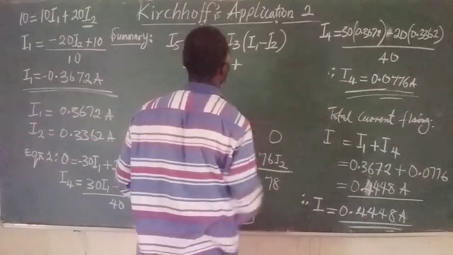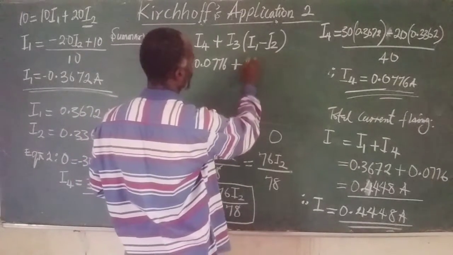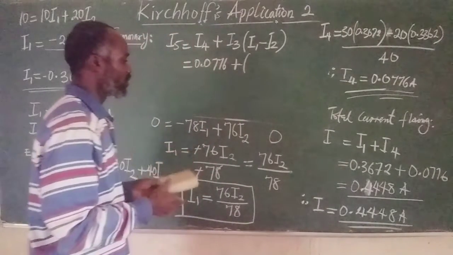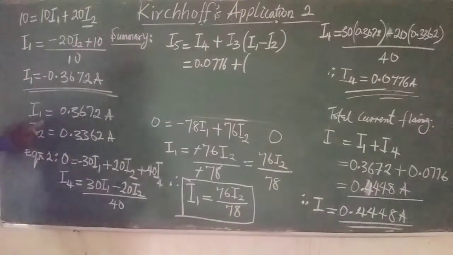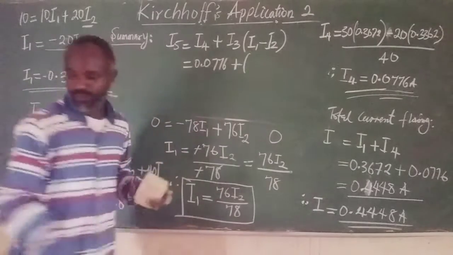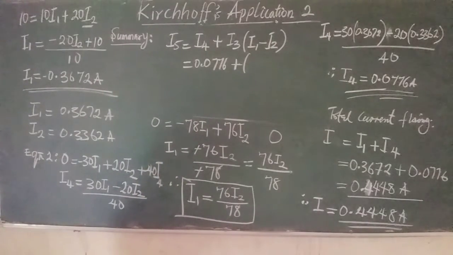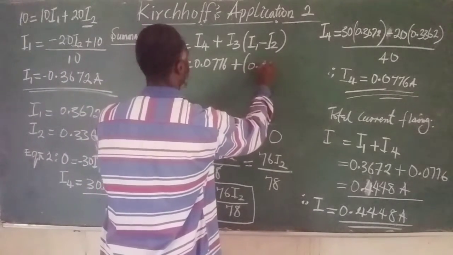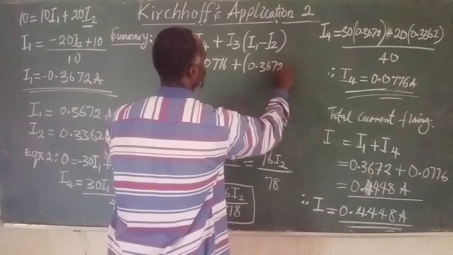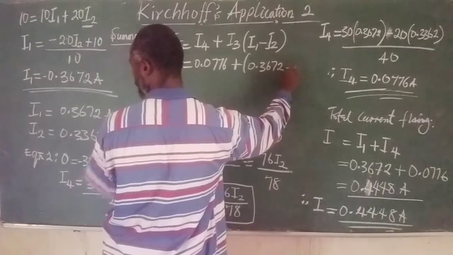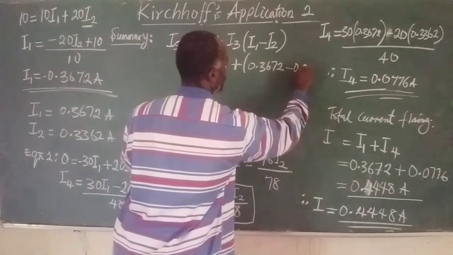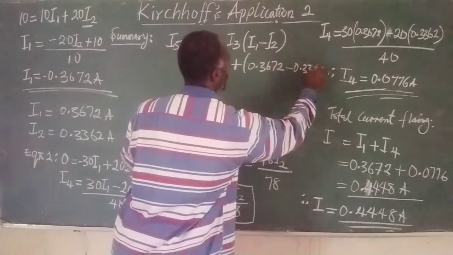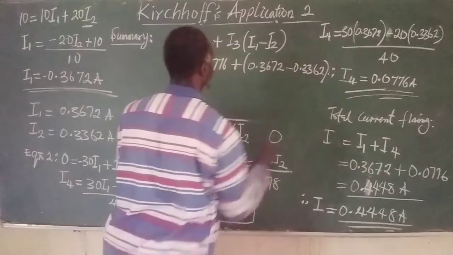So let's quickly do that. We substitute the values of these currents. Current 1 is 0.3672 minus current 2, which is 0.3362, bracket close.